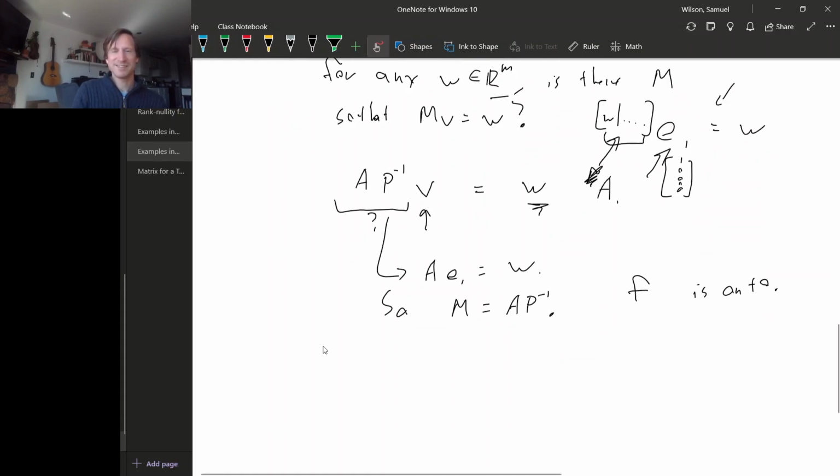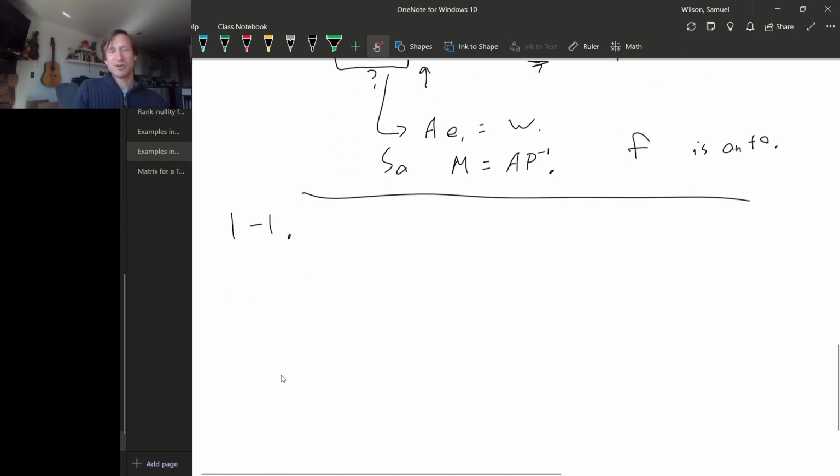Okay, nice. What about one-to-one? Okay, well, remember, one-to-one means that different inputs have to go to different outputs. But matrices have so many entries that this can't possibly be the case.